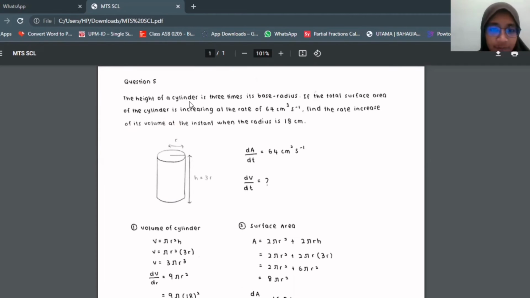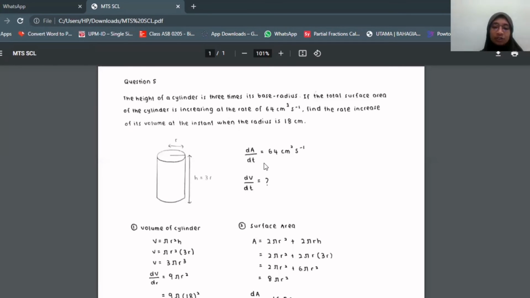Okay. The height of a cylinder is 3 times its base radius. If the total surface area of the cylinder is increasing at a rate of 64 centimeter cube per second, find the rate of increase of its volume at the instant when the radius is 18 cm. First we draw the cylinder, and we denote the radius as r and the height as 3r, as mentioned in the question.